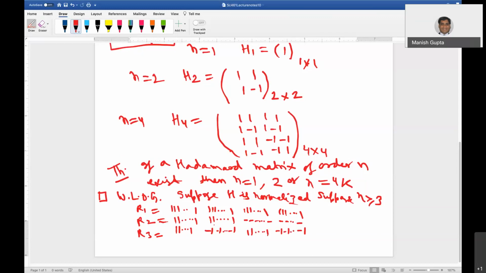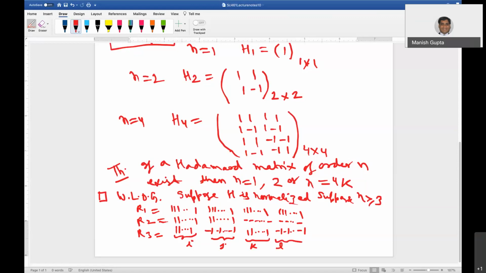We have taken plus 1 and minus 1 because we know that some of them will be plus 1, some of them will be minus 1. Suppose that these are i entries, these are j entries, these are k entries, and these are l entries.